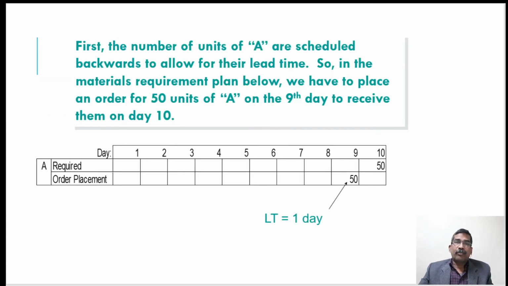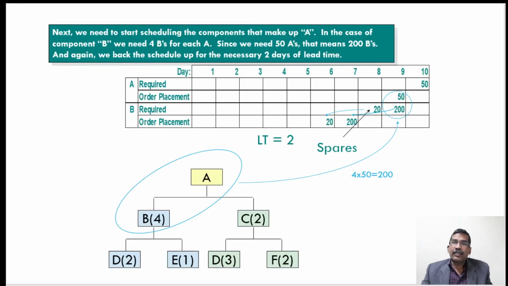Now see this example here. This is given here that 50 components of A are required in the 10th week. This is a 1 week lead time, so in the 9th week we should start this, and these are the 20 additional components required for B in the 8th week, and the lead time is 2 weeks.